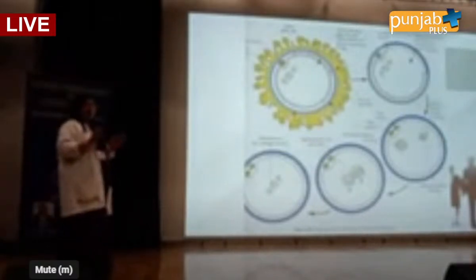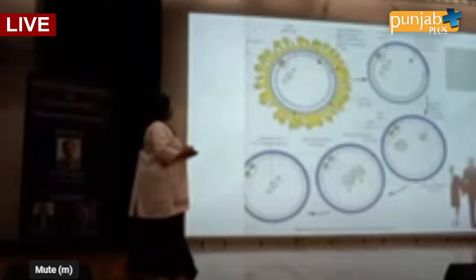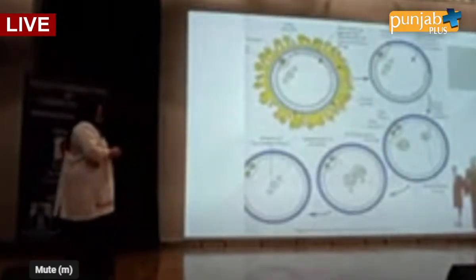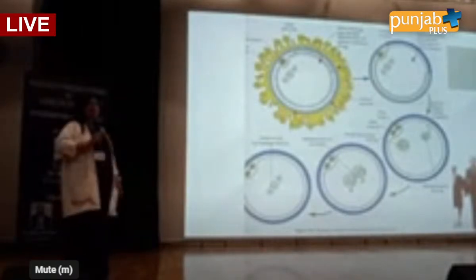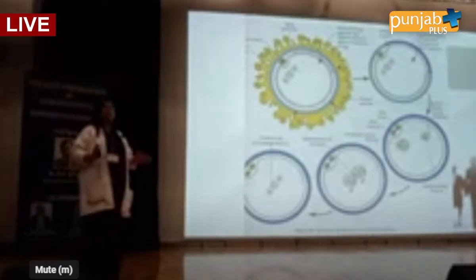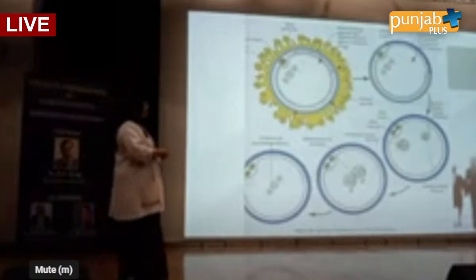So now we have the secondary oocyte arrested at the metaphase stage. The second meiotic division has started. But when there is the entry of the sperm, then this second meiotic division finishes, and there is the formation of the second polar body.